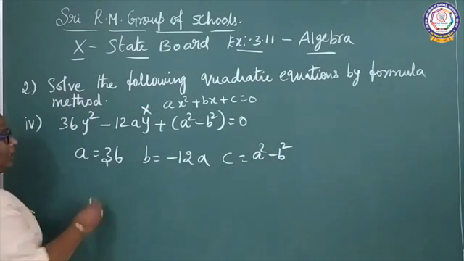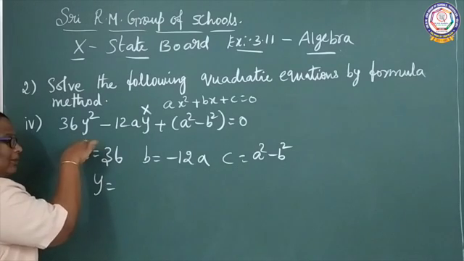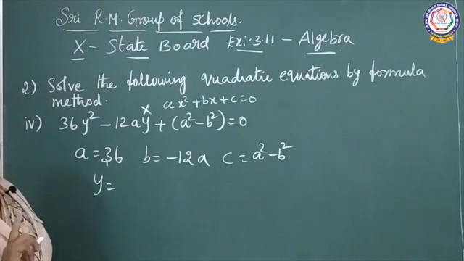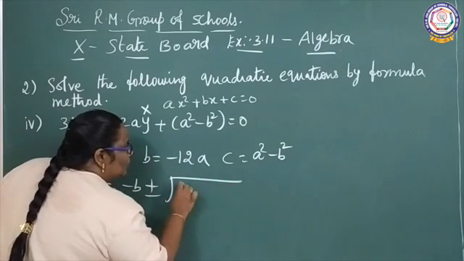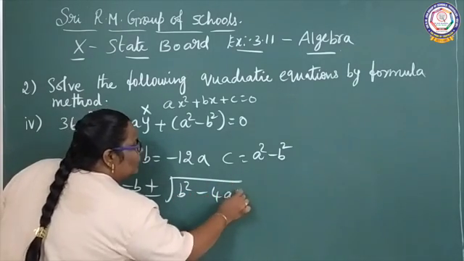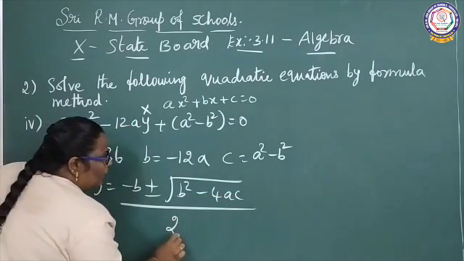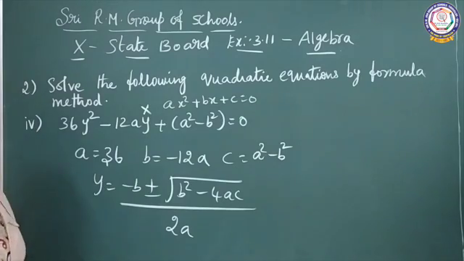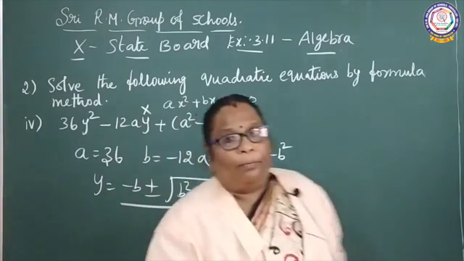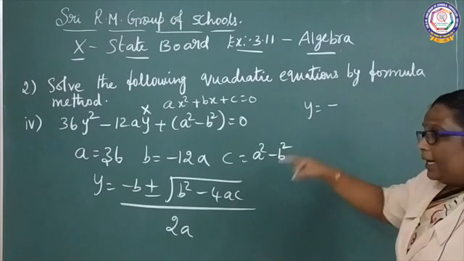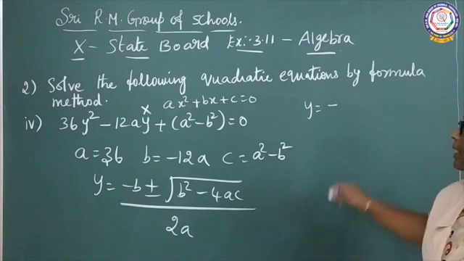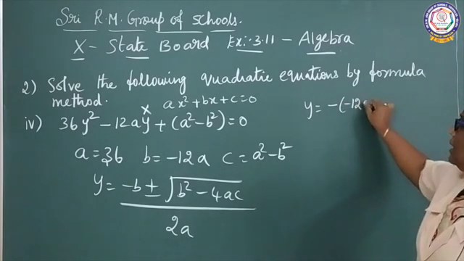What is the formula here? y equal to minus b plus or minus root of b square minus 4ac by 2a. See children, y equal to minus b. What is the value of b here? Minus 12a.